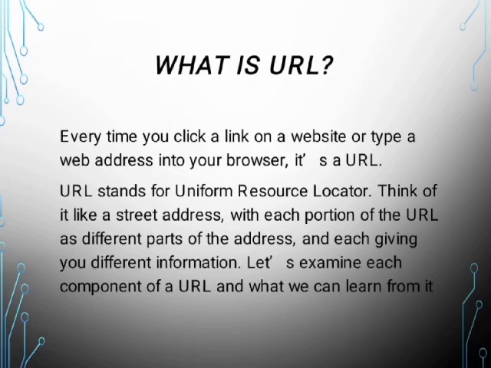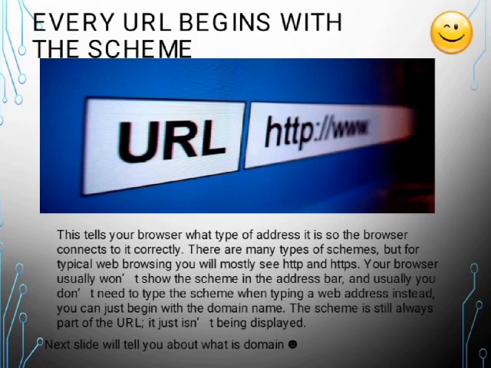Also remember that every URL begins with the scheme. This tells your browser what type of address it is, so the browser connects to the web page or website correctly. There are many types of schemes, but for typical web browsing, you will mostly see HTTP or HTTPS.